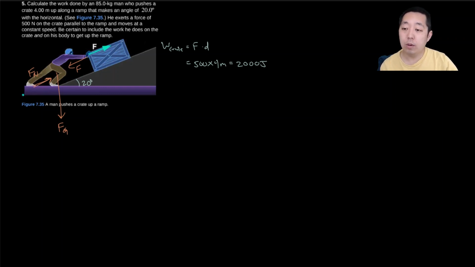Okay, and so how are we going to reconcile? The work he's going to do is the work of this normal force. It's the work that he's exerting on the ground, which is pushing back on him, and the distance that he has to lift himself.